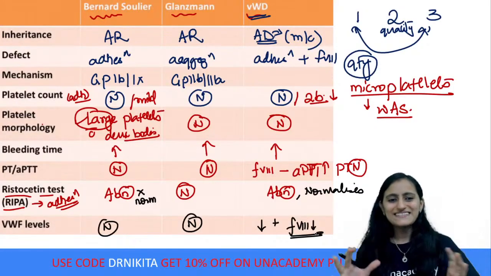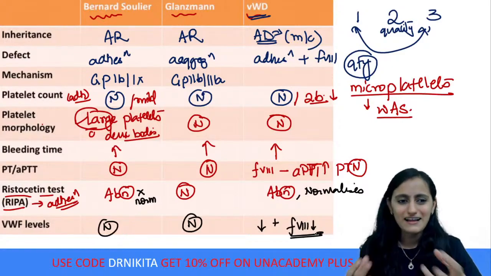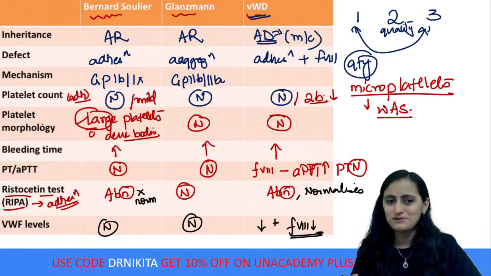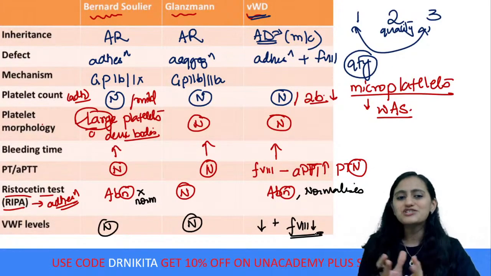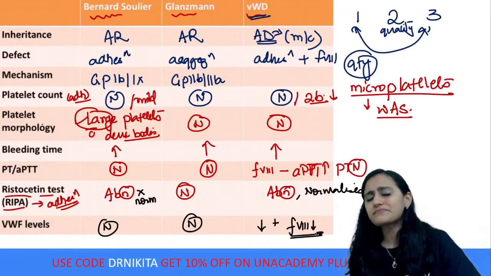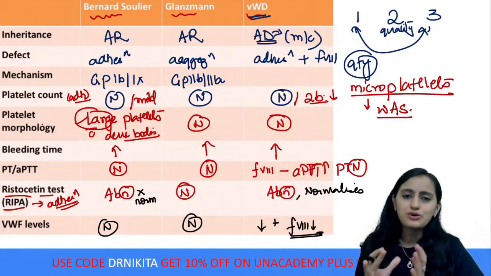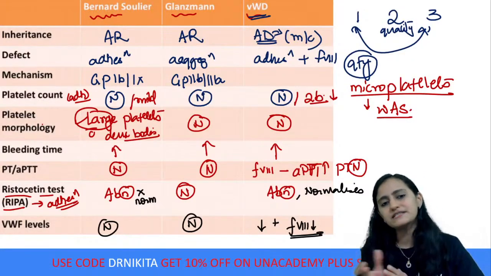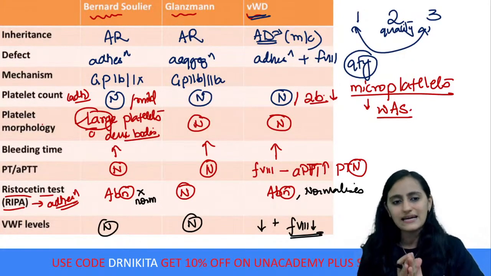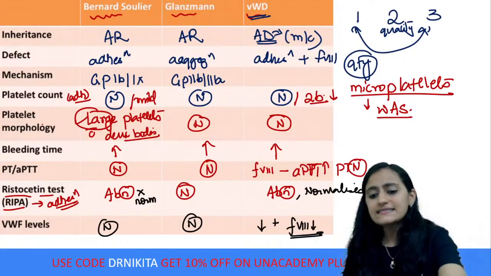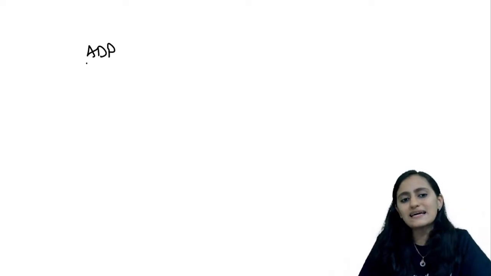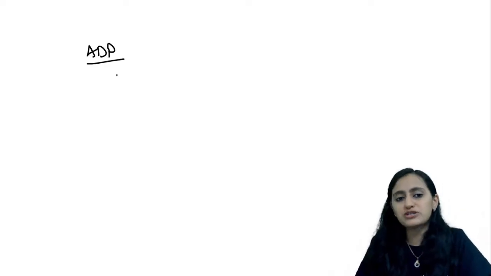So you can see that we have very easily and conveniently simplified this table, which initially seems very difficult, but actually it is very easy to understand once you know the concepts. What is BT, APTT, factor 8, adhesion and aggregation, right? And since we saw the role of your ADP in your platelet aggregation, we said it causes conformational change.